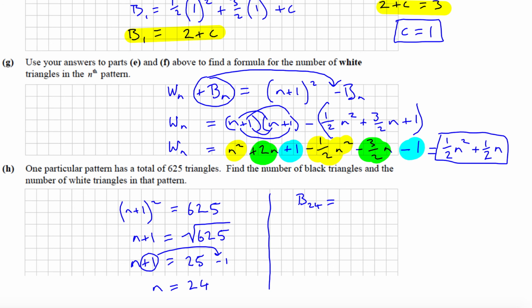So B24, that's going to be equal to a half of 24 squared plus 3 halves of 24 plus 1.